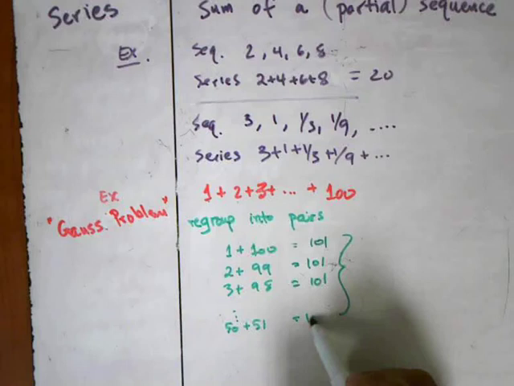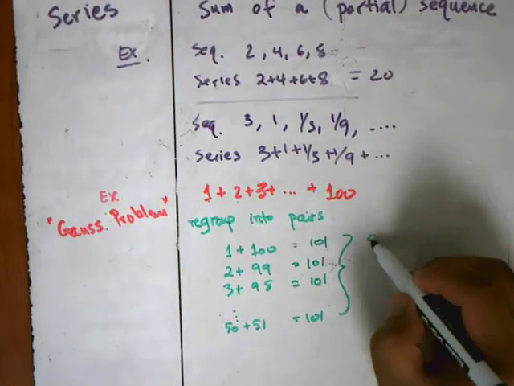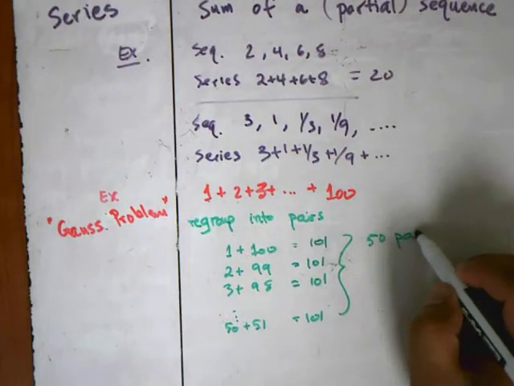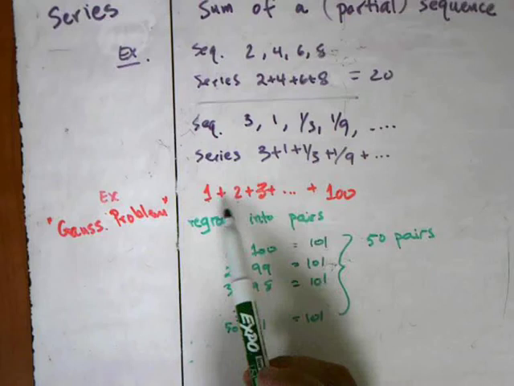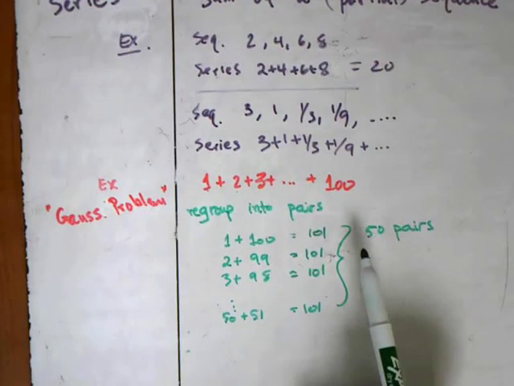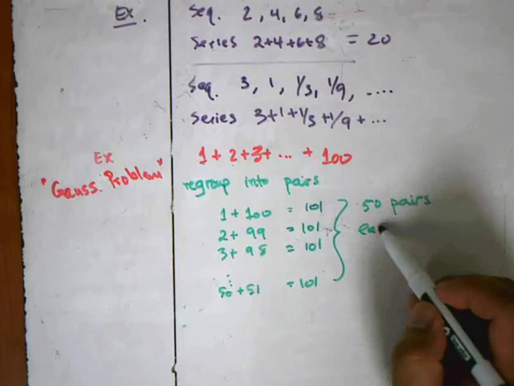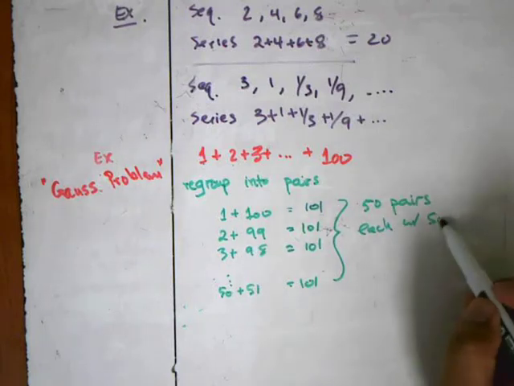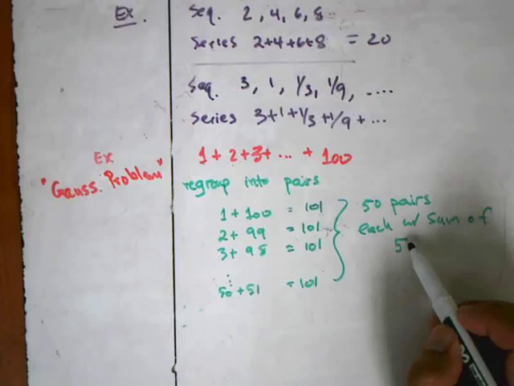Okay. And you have 50 pairs, because originally you had 100 numbers, and when you put them into pairs, you got half as many pairs. Each with a sum of 101.